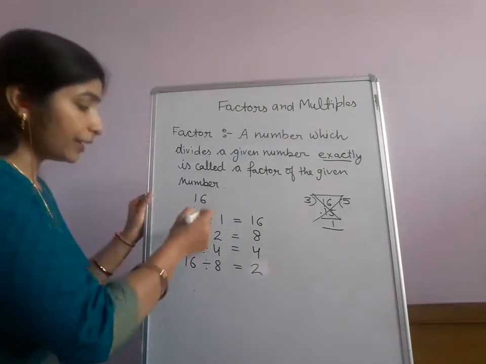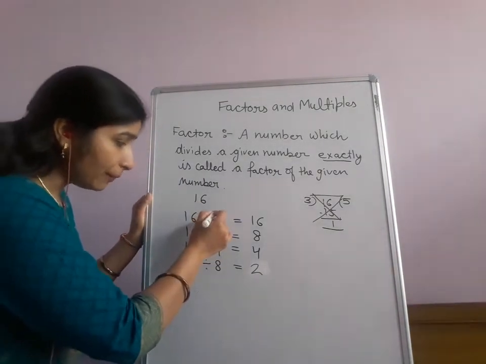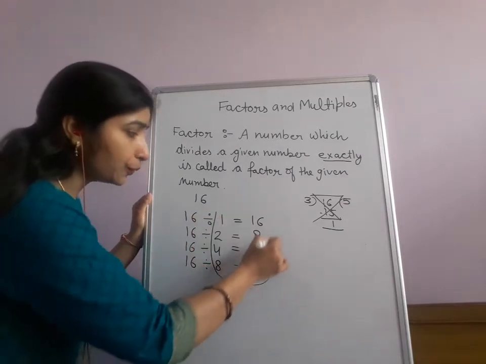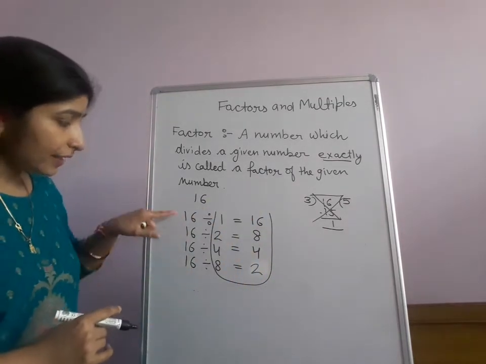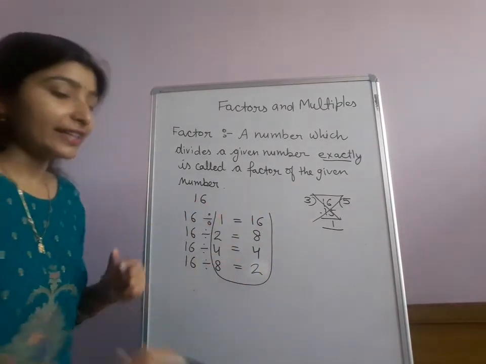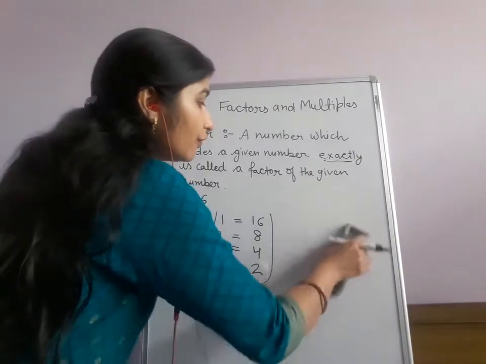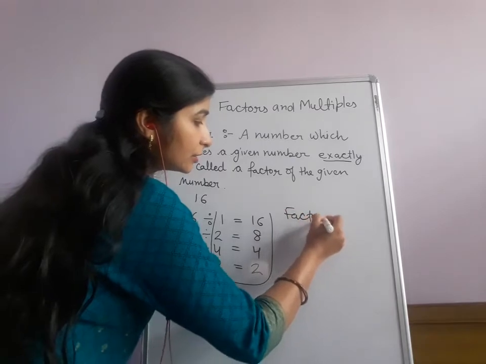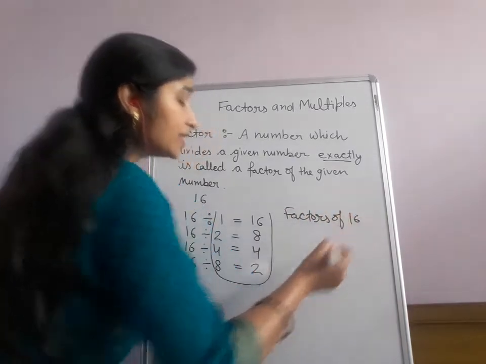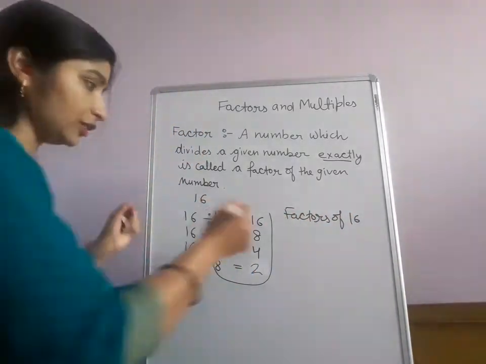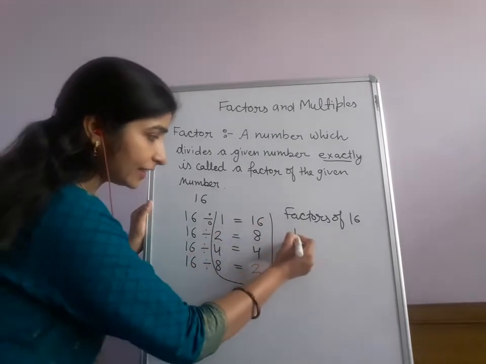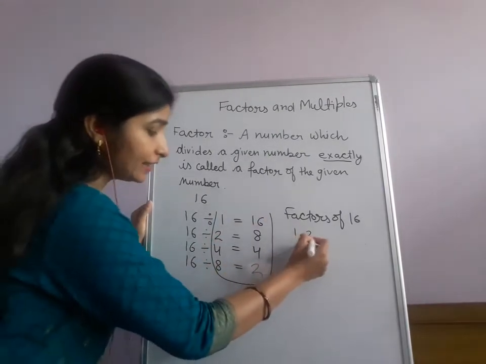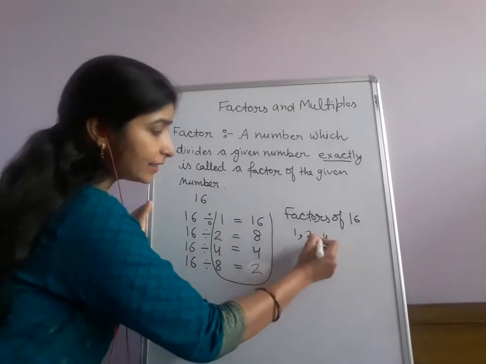Okay, so here now we will make this. So see, 16 is same. Now we will find the factors of 16. So we will write factors of 16. Factors of 16 means which numbers can divide 16. So 1, yes. 2, yes. 4, yes.